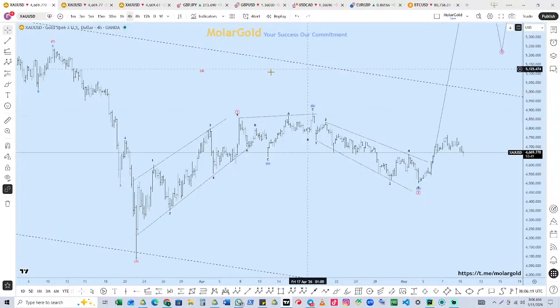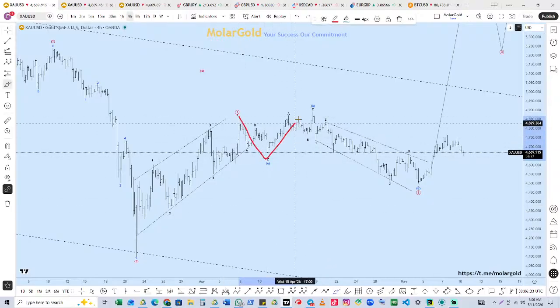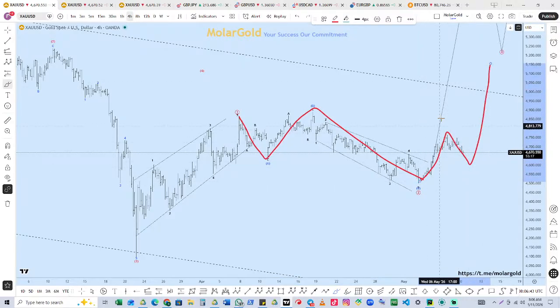Okay. Let's start right from here. So last time we explained that price is doing this kind of move. We did with A, with B, and then with C right there. And if that is the case, this is with 1, and we are having with 2, and then we're going to continue with 1 and then with 2.